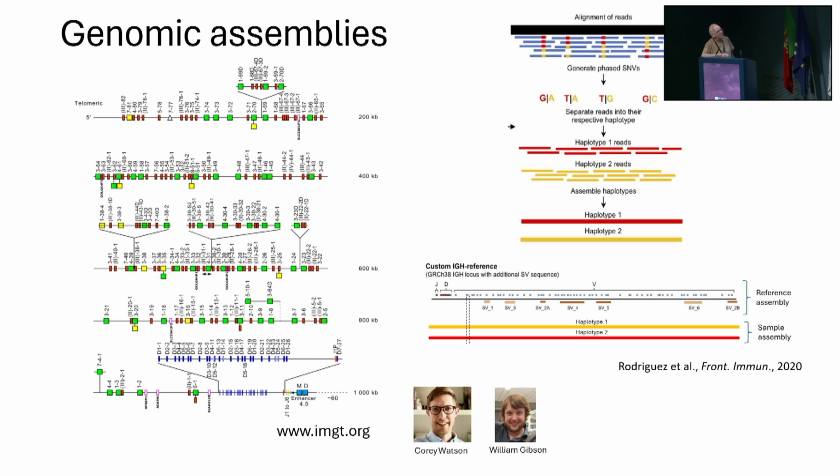And those SNVs in turn let you haplotype the reads, so you can allocate them to the two chromosomes and eventually produce haplotyped assemblies, map those assemblies against a reference, which includes both the human reference assembly, but also a number of these structural variants that aren't included in the human reference assembly. And then you can read off the genes at particular locations within the assembly.